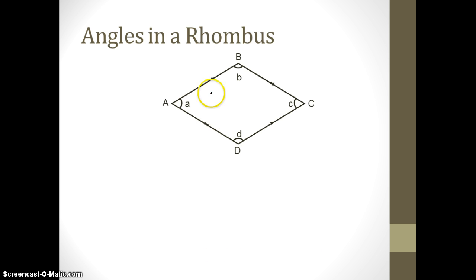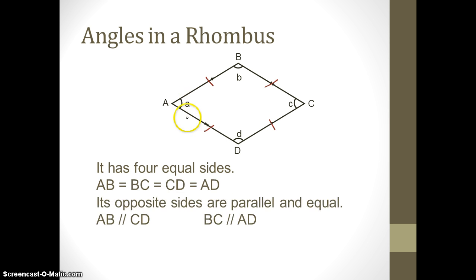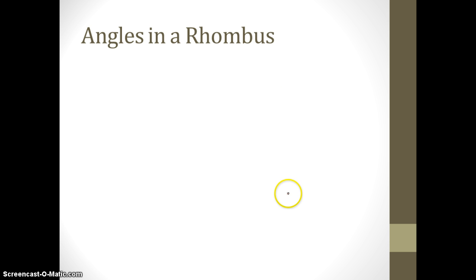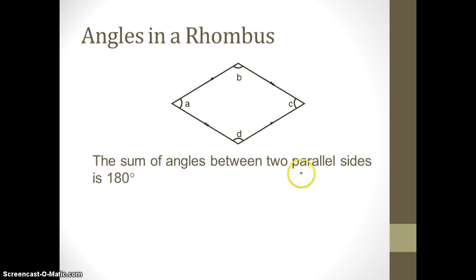Angles in a rhombus. In a rhombus, you will see that it has 4 equal sides. So when we see 4 equal sides, we will draw this way. And its opposite angles are parallel and equal. Therefore, angle A is equal to angle C, angle B is equal to angle D. The sum of angles between two parallel sides is 180.